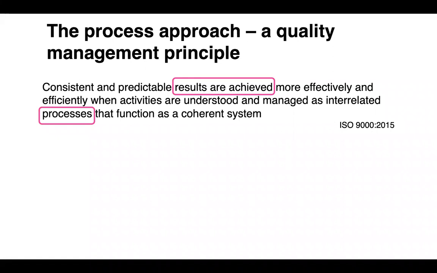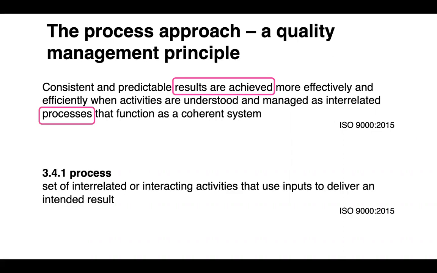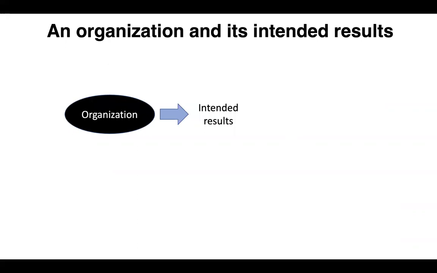And now, what does the same ISO 9000:2015 say about what a process is? A set of interrelated or interacting activities that use inputs to deliver an intended result. So it is through our activities that we achieve intended results. So we may see an organization as a coherent system, a coherent whole made of a set of interrelated or interacting elements called processes.